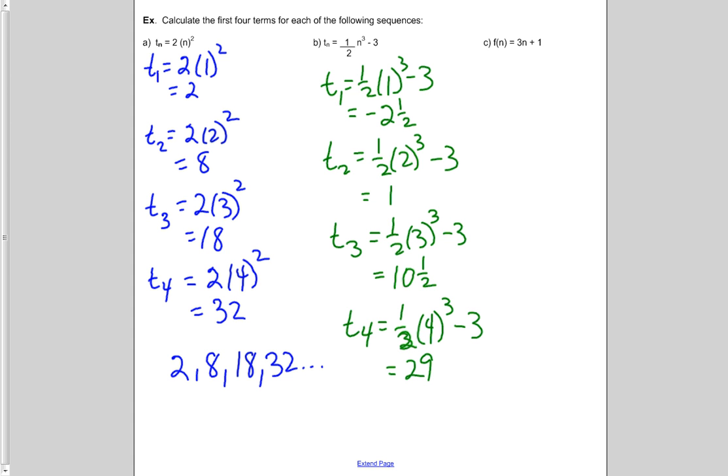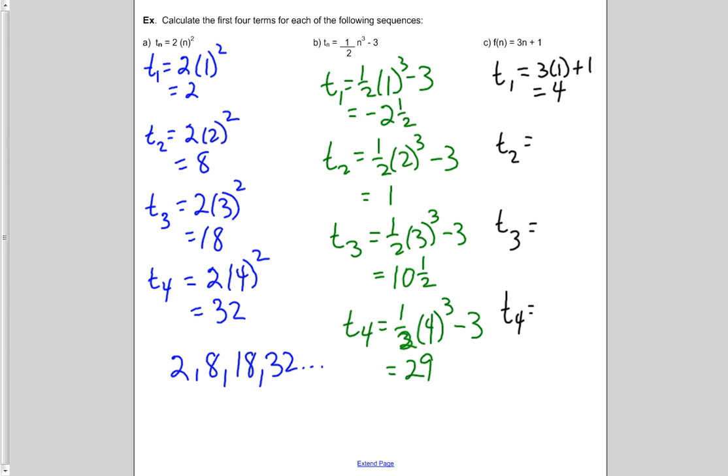All right. The next one is not written in general term form. It looks like a function. But let's find term 1, term 2, term 3, term 4, which we would normally write as ordered pairs when it's in function notation. But for term 1, I have 3 times 1 plus 1, which is 4.